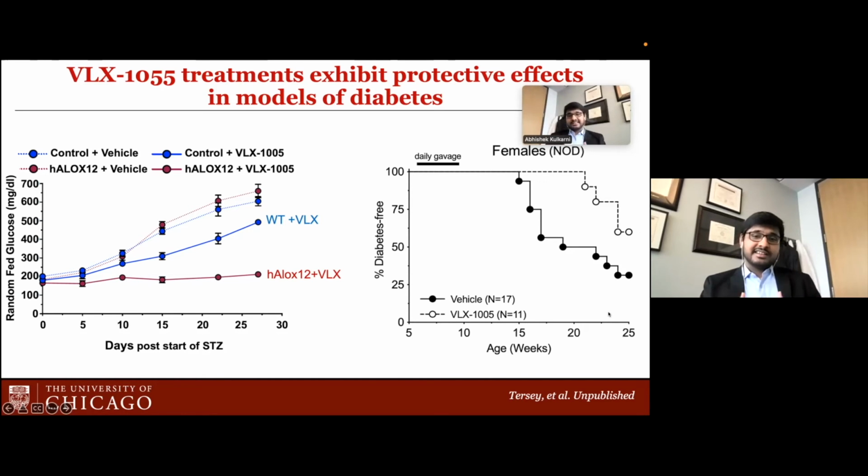These studies are clearly at initial stages at this point, and we are doing many more optimization and characterization studies with the drug and different mouse models. But overall, these preliminary data suggest a potential therapeutic effect of 12-LOX inhibition in future diabetes care.